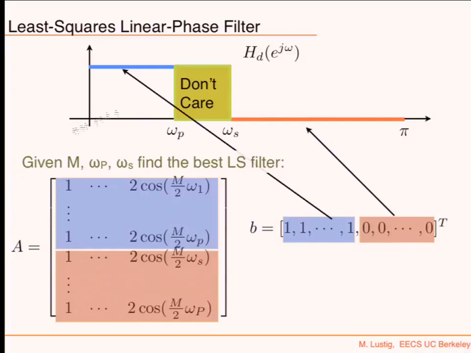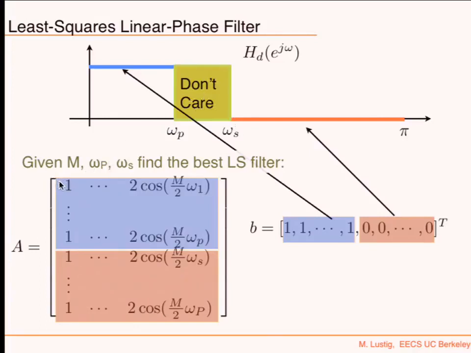Then I'm given a certain M. I'm given certain omega sub p, small p, by the way, and omega sub small s. This is the pass band. This is the stop band. And a don't care region.